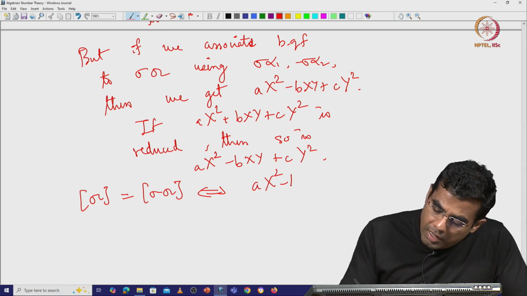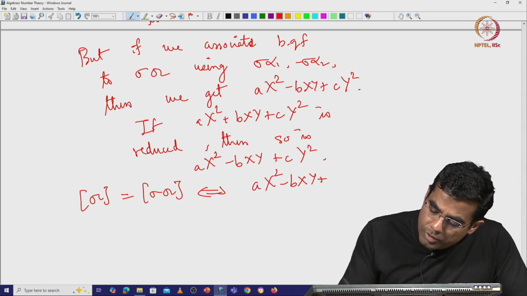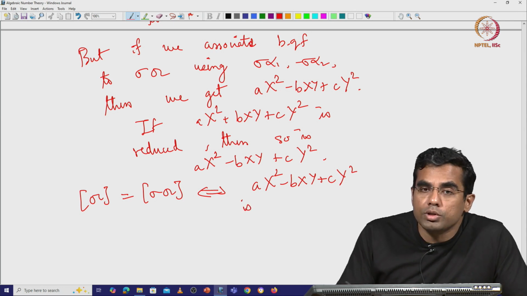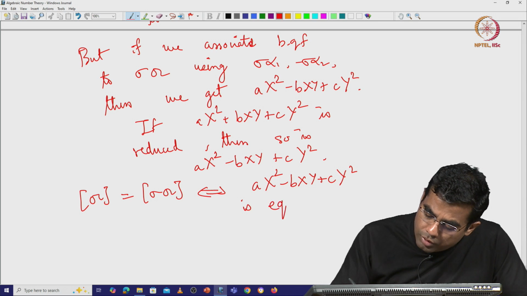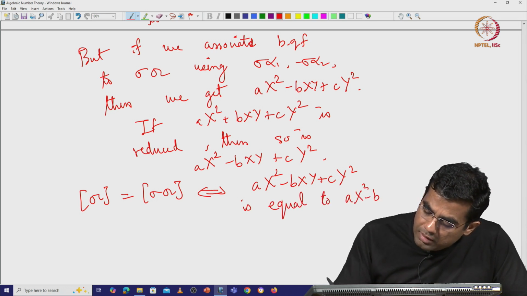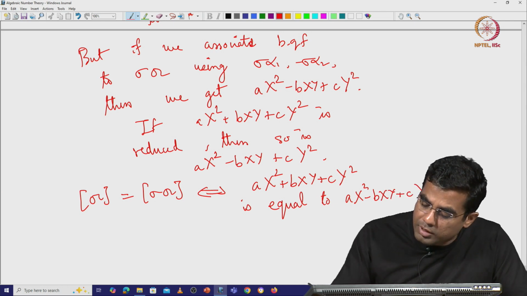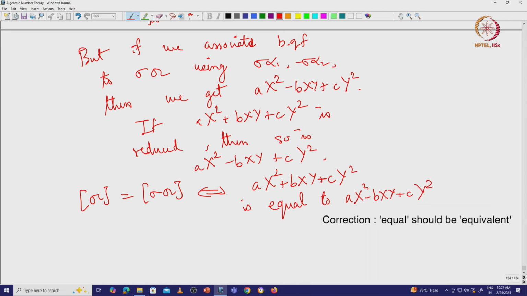ax squared minus bxy plus cy squared is equivalent to, but they are both reduced, right. So, is equal to ax squared plus here and then minus here, it does not matter where I put the plus and minus, it is equivalent to this, right.